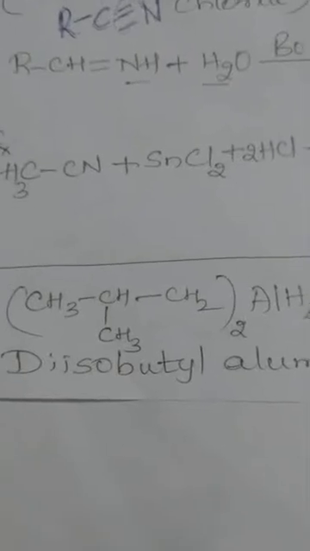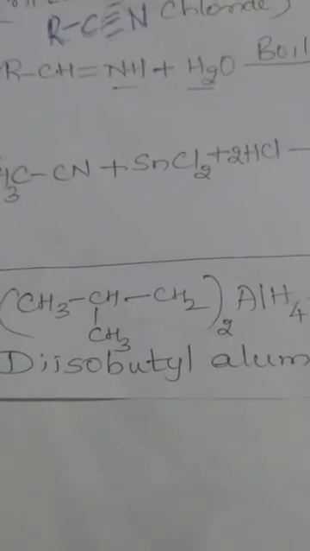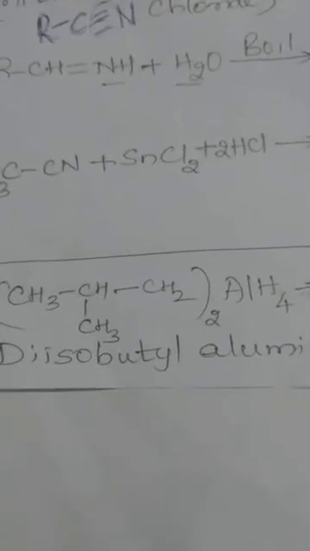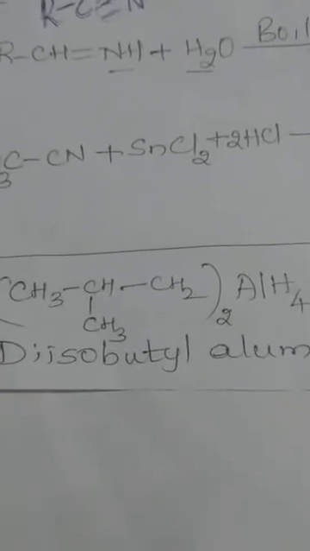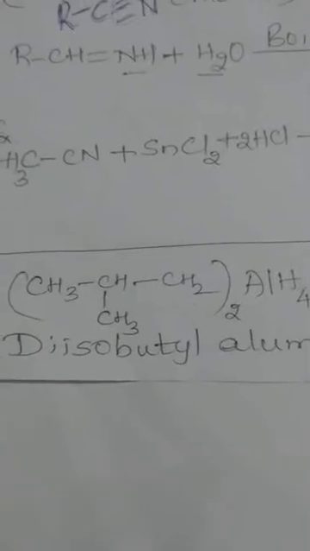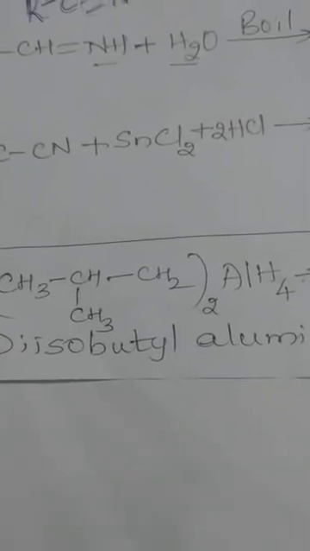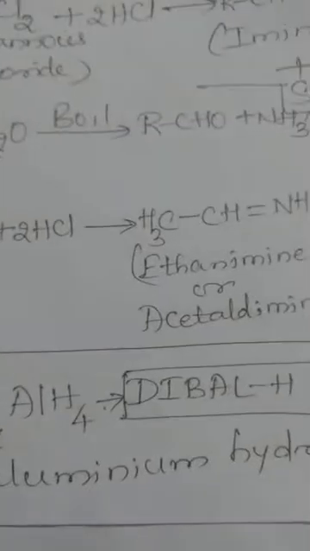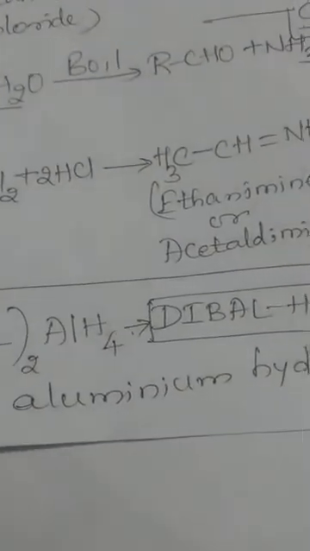That is the isobutyl group. Twice is there, therefore it is diisobutyl. Aluminium hydride, so outside the bracket it is AlH4. This diisobutyl aluminium hydride is abbreviated as DIBAL-H, all capital letters.